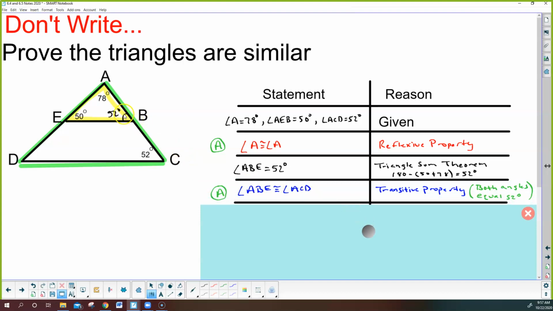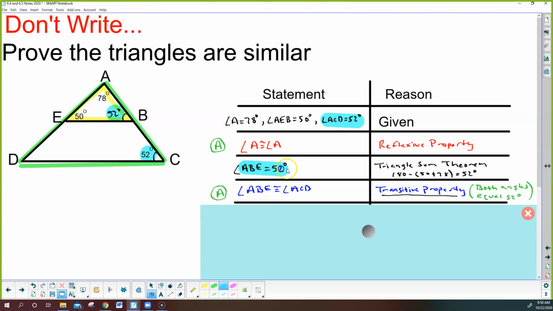Well, now, if angle ABE is 52 and angle C is 52, aren't those congruent? We have a special property that we're not really going to use often. It's called the transitive property. And here's what it is. It's basically saying, hey, angle ACD is 52 degrees and angle ABE is 52 degrees.